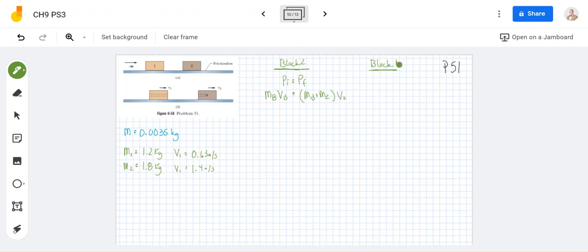And what's nice about this is we know everything in here to solve. So we know the mass of the bullet is 0.0035. This is actually what we're looking for. 1.8 and 1.4. So we know all the information we need. Let's see if we can't put it in the calculator.